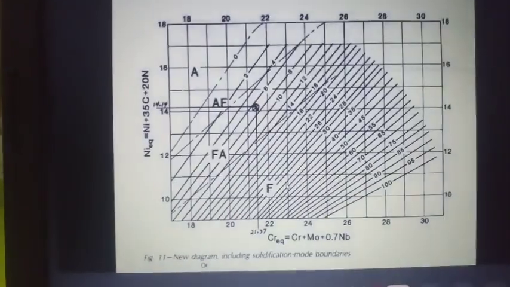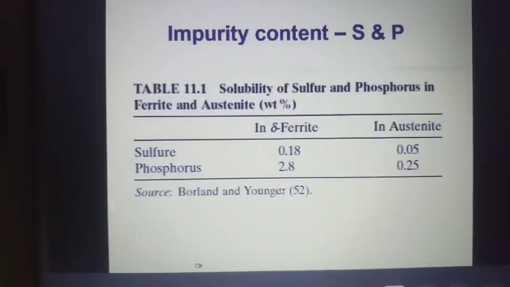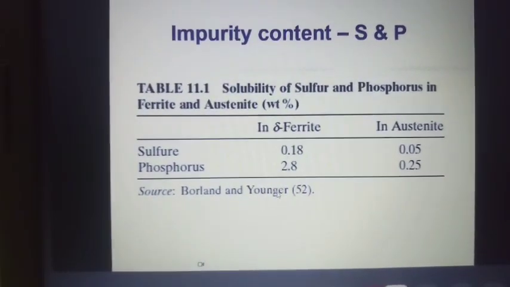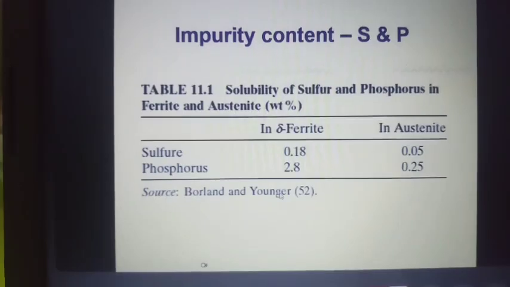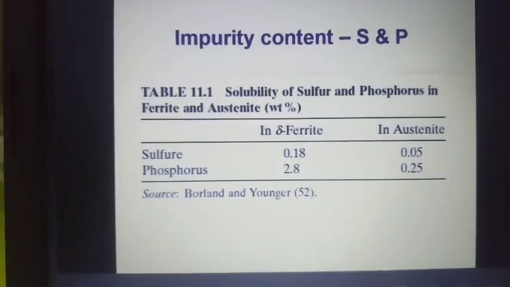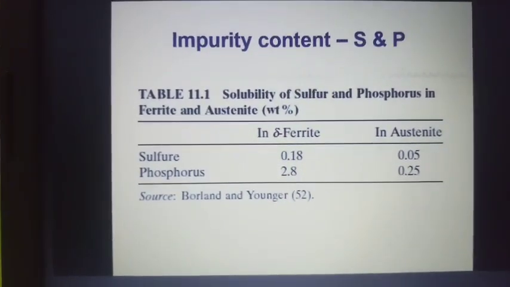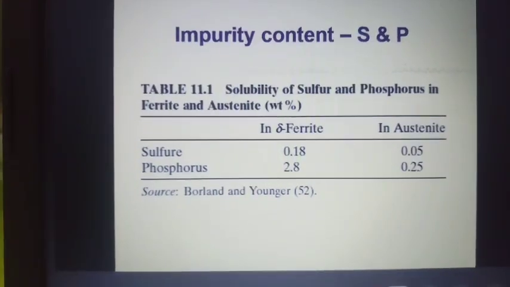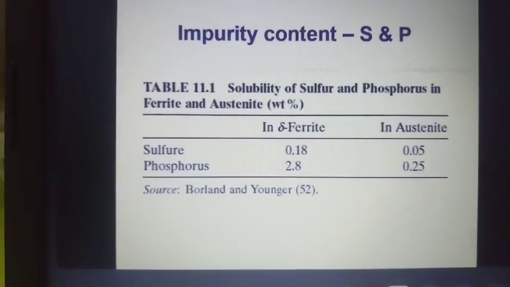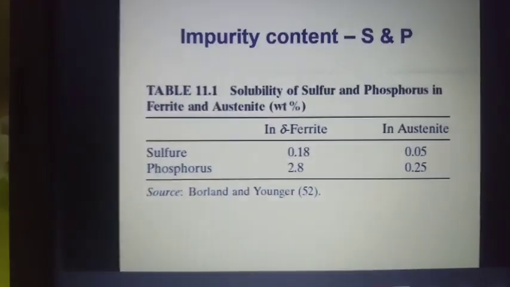To avoid that, we dissolve the sulfur and phosphorus inside the delta ferrite, so that you don't have free sulfur and phosphorus in the weld pool, which would remain liquid at 900 degrees C.